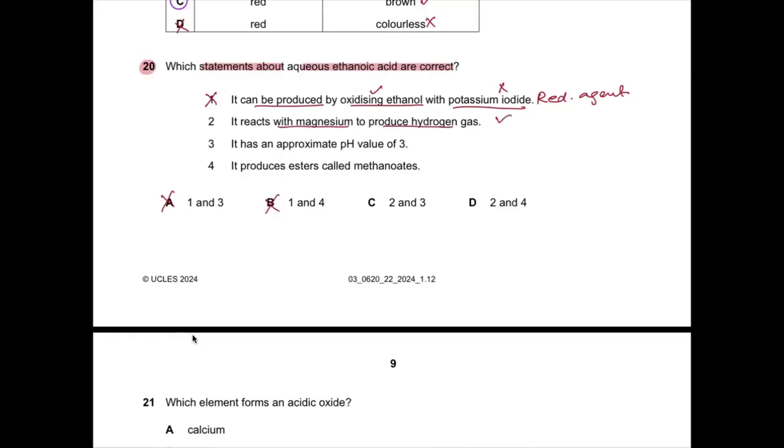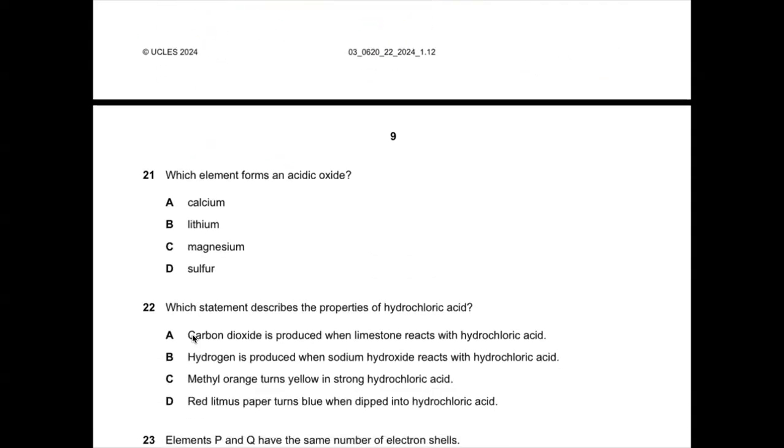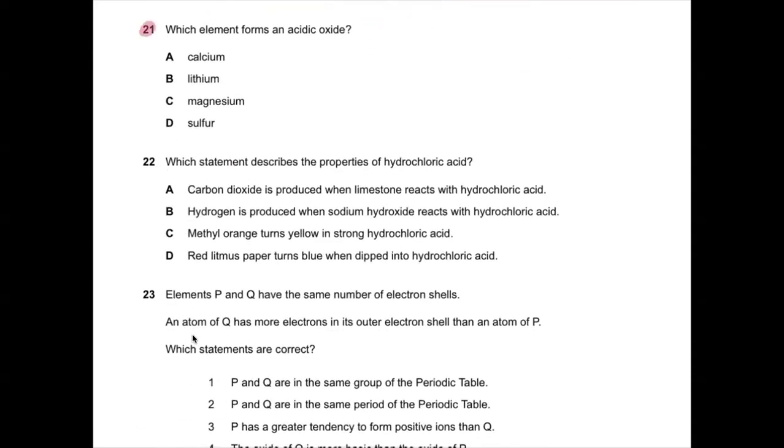Yes, it does. It has an approximate pH value of 3. Ethanoic acid is a weak acid, so yes, you can say that. It produces an ester called methanoate. No, it produces an ester called ethanoate. So the fourth statement goes wrong, and if the fourth goes wrong, then D is incorrect, and we are left with only option C, which is correct.